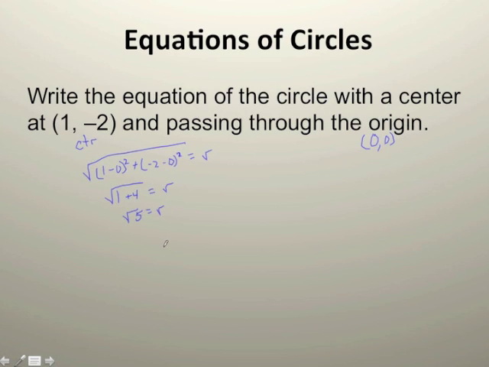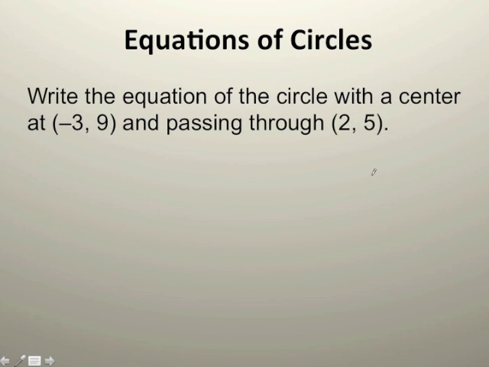So now my circle: x minus 1, the quantity squared, plus y minus the negative 2, which is plus 2, the quantity squared, equals the radius squared. If the radius is the square root of 5, the radius squared is 5.